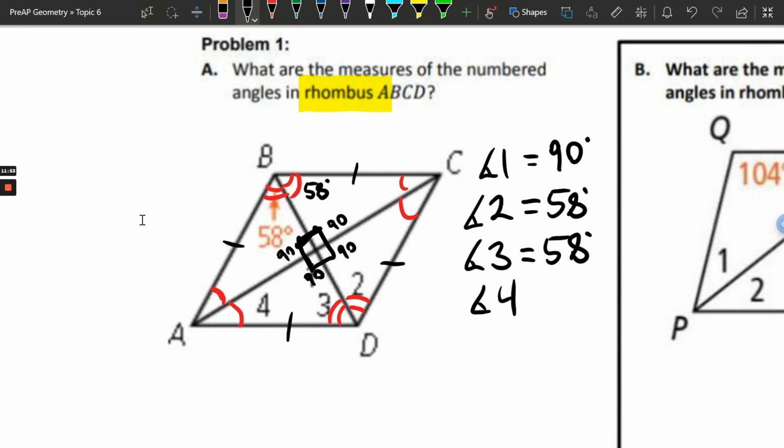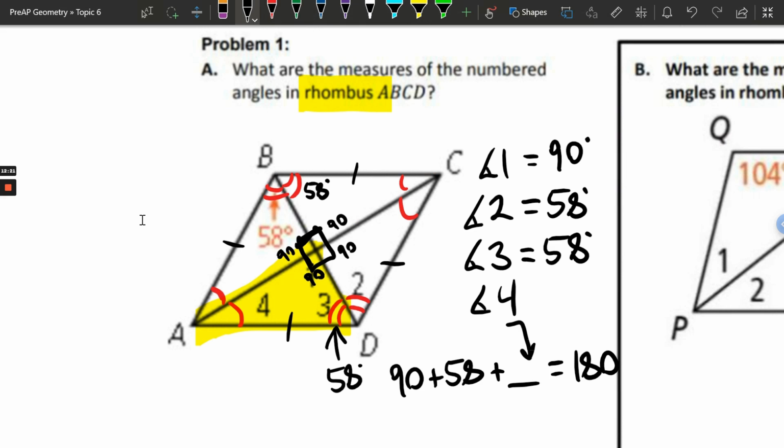We can then figure out what angle 4 is by just considering this bottom triangle. Since we know that angle 3 is 58 degrees, and we know that angle 1 is 90 degrees, we can find angle 4 by solving this equation: 90 plus 58 plus angle 4 is equal to 180.